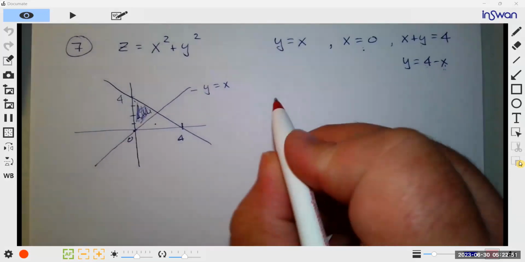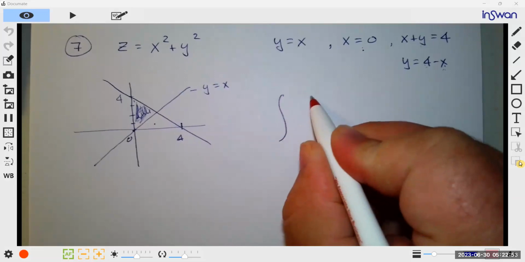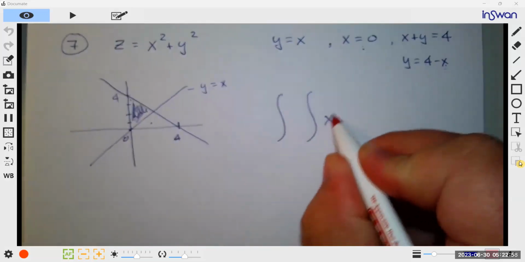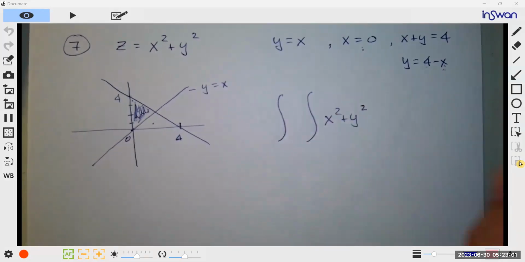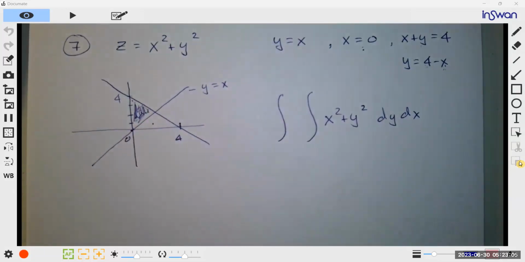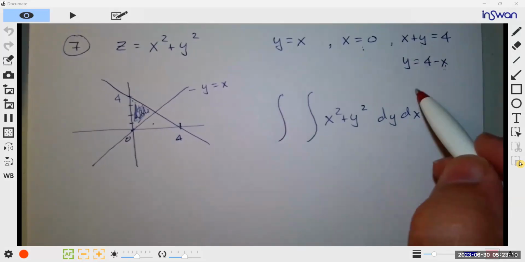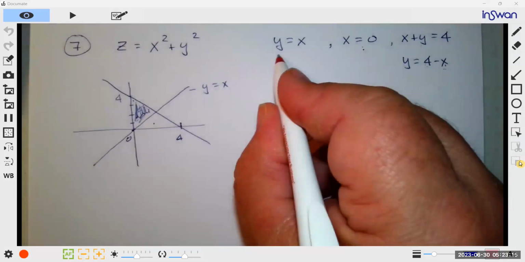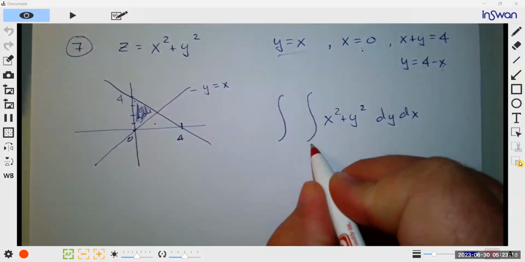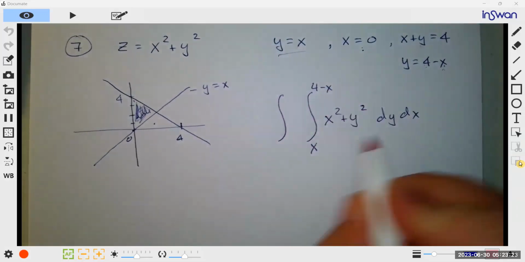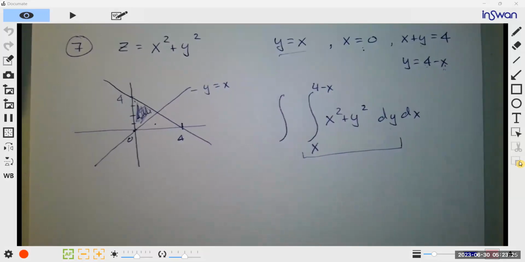So the bounds of integration that we're looking at for x squared, since I'm going vertically, is this. The y's go from y equals x, the lower one, to y equals 4 minus x. That's the y function.